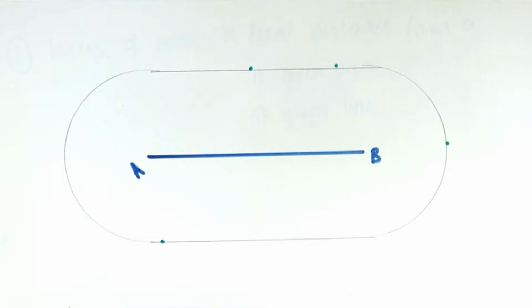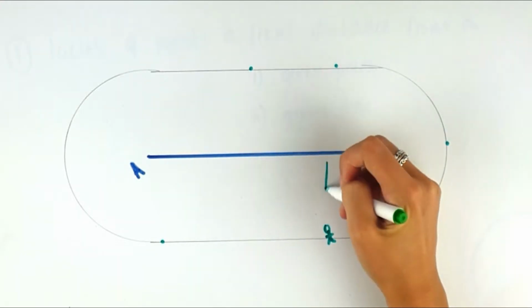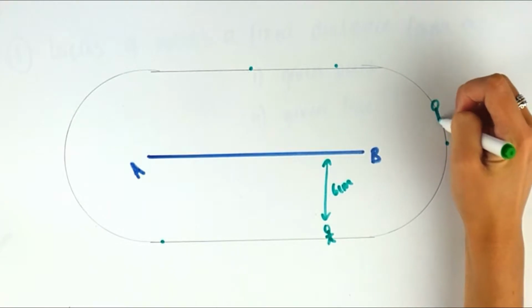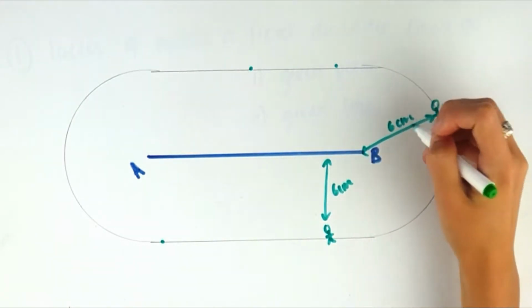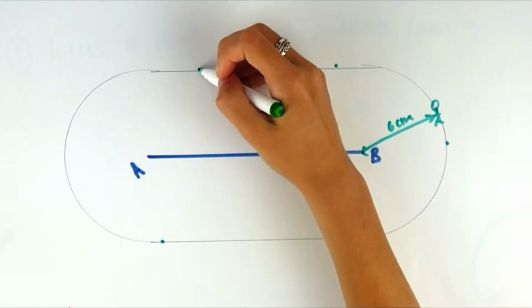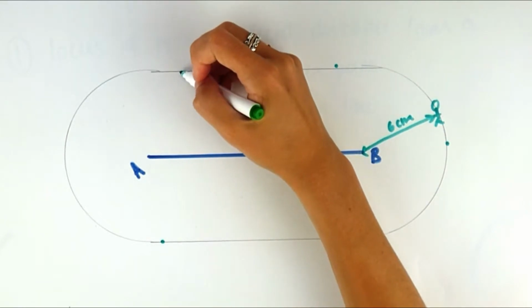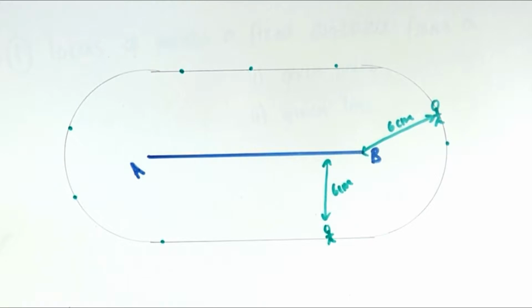So basically, if you think about it now, if I put myself here, I'm 6 centimetres away from the line, which is what I wanted. If I put myself here, I'm 6 centimetres away from the line because that's how I set my compass. So anywhere I put myself, this thing is dangerous, I nearly stabbed my toe. Anywhere I put myself, I'm 6 centimetres away. So that's how you would do it for a line.